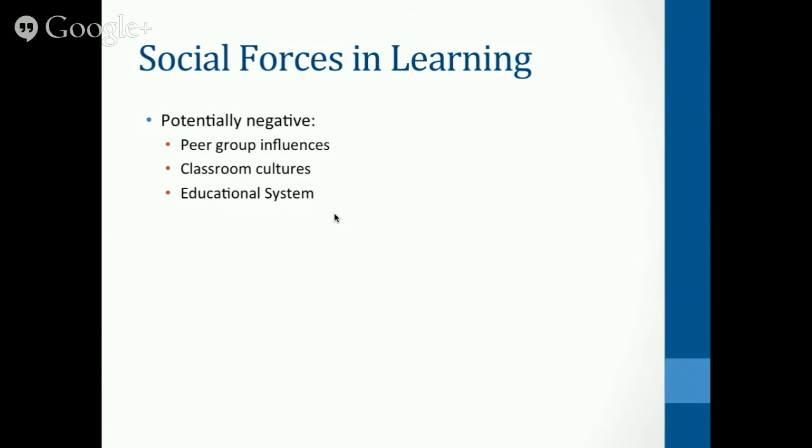If all these influences are negative, then the learner is going to be less autonomous, and that's going to have a major impact on their ability to form some sort of intrinsic interest in the learning situation.